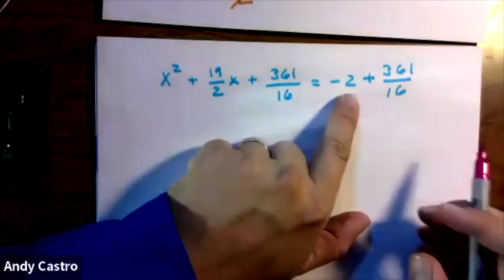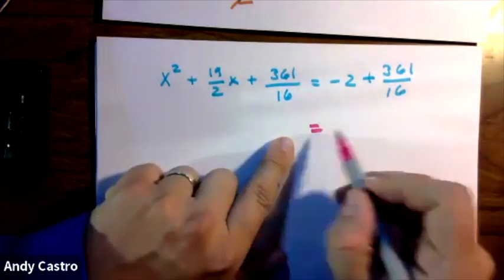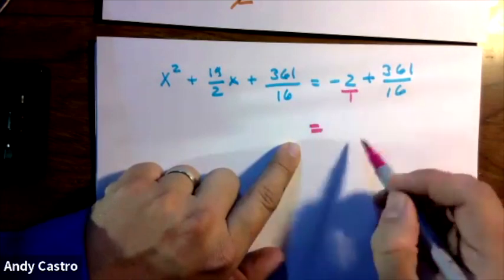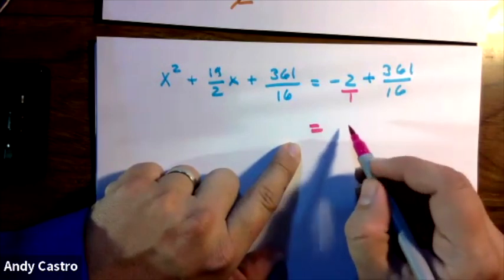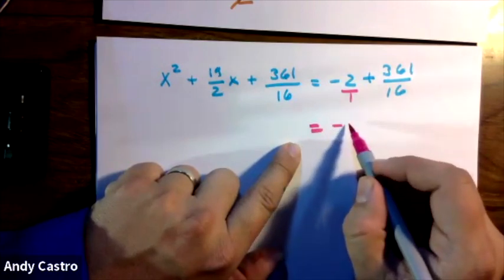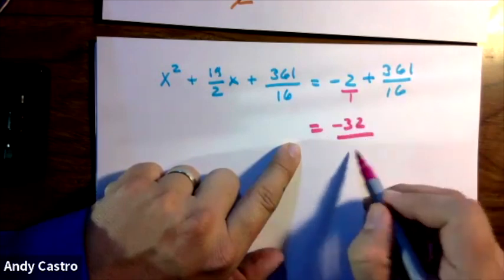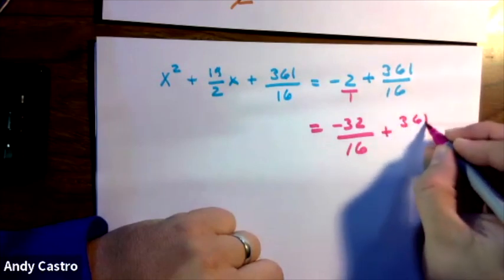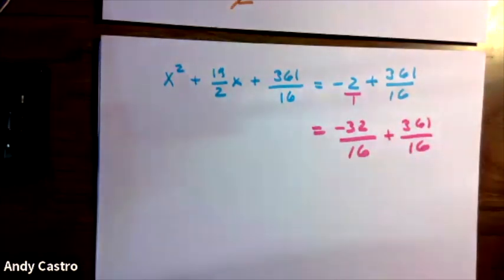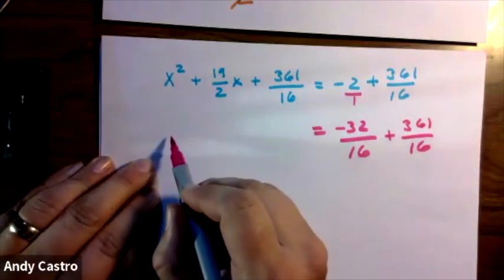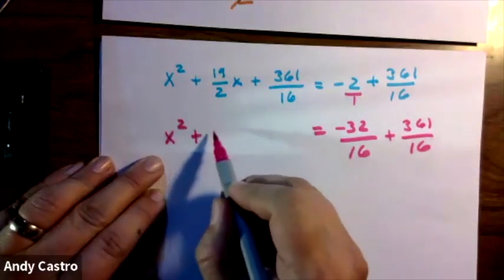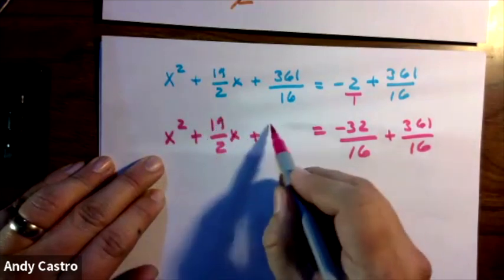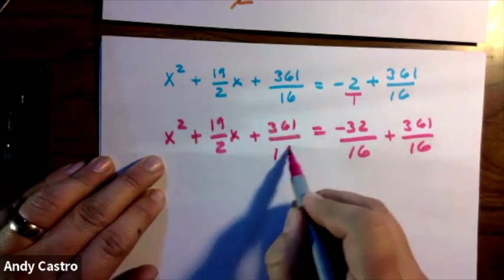All right, so that -2 I need to change into a fraction with positive 16 in the denominator, which means I'm going to, this is -2 over 1, which means I multiply top and bottom by 16, and that's going to give me -32 over 16 plus 361 over 16. And then the left side here remains the same, x squared plus 19 over 2x plus 361 over 16.